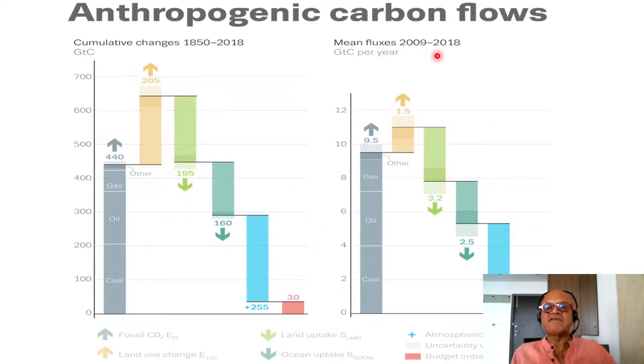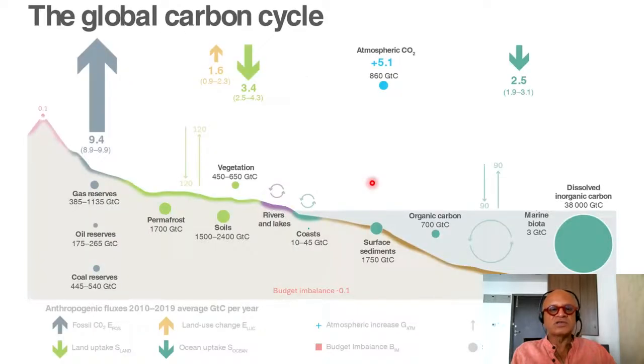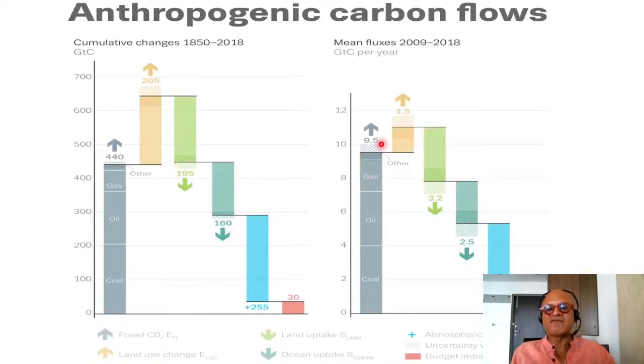So these are the mean fluxes for 2009 to 2018. Again, we keep looking at different periods based on when the calculations were done and what data was used. So this is similar to what we just saw here. So 9.5 gigatons carbon over this period in terms of flux, with land use and other, ocean uptake, land uptake, and atmospheric CO2 increase with the residual.